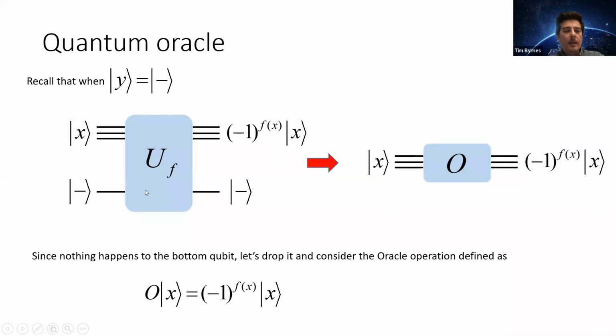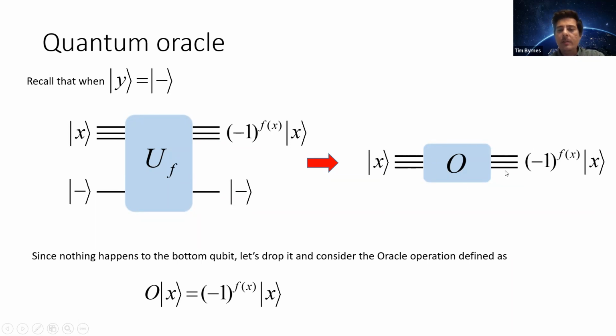Okay, and if you recall what happened with Deutsch's algorithm, if you start with this state x, it will output the state x again, but with a -1 phase. And actually, because nothing really happens to this lower part of the circuit, we can just omit it, or just not show it in the notation.